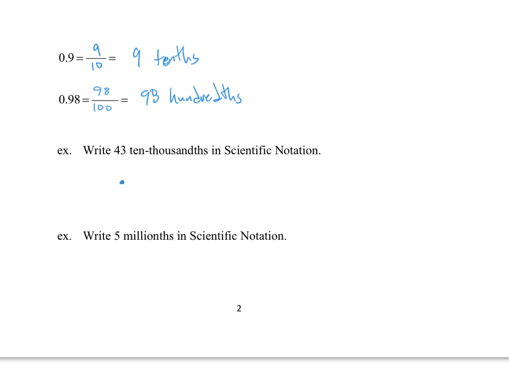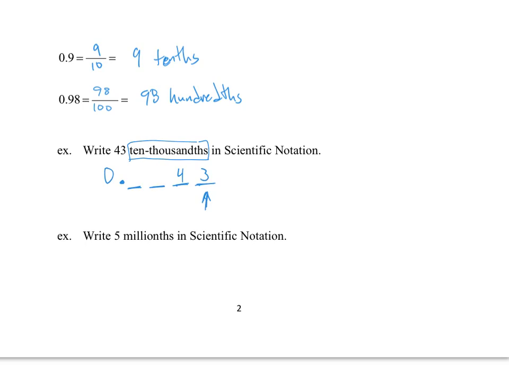The number to the right is the tenths, hundredths, thousandths, 10,000ths. So 0 point, okay? And it's 10 thousandths here. So that's why I made it to the 10,000th spot. So you have 43 10,000ths.